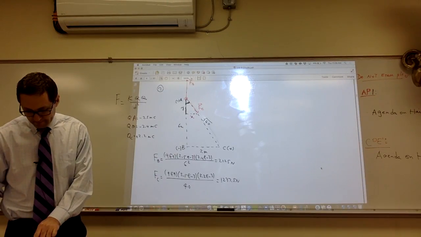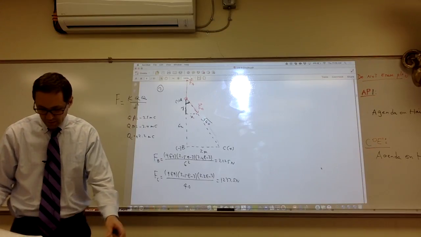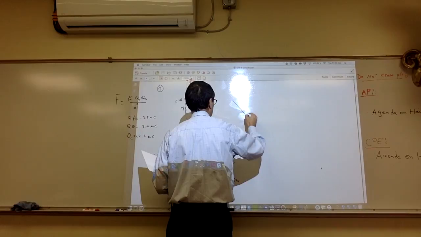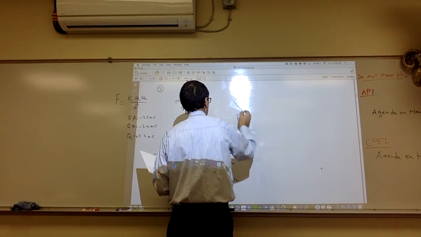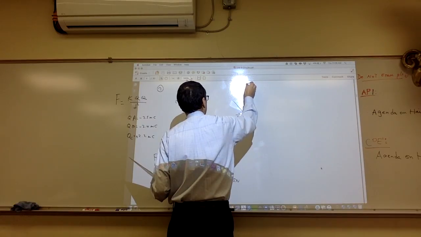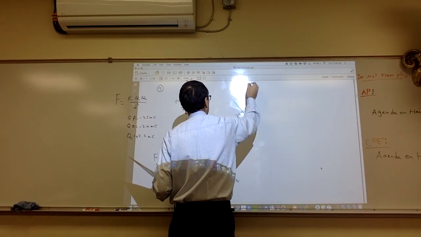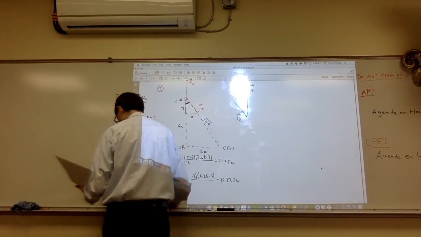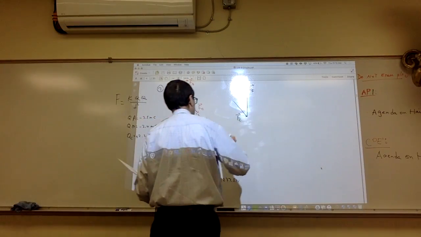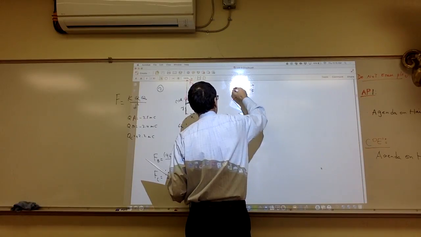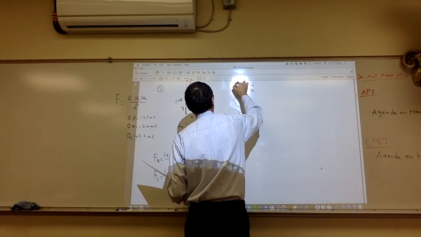All right, the way I did it in the packet, I just put FC here, okay, and I came to here, and I put FB. Yeah, that's what I did. And then we have to figure out what this angle is, what this net force is.